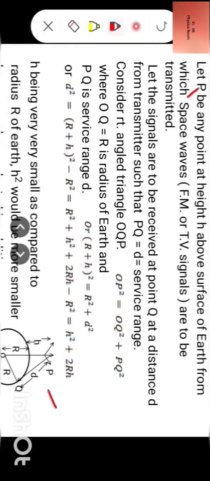Let P be any point at a height h above surface of earth from which space waves, FM or TV signals are to be transmitted. Let the signals be received at point Q at a distance d from transmitter such that PQ is equal to D is equal to service range.